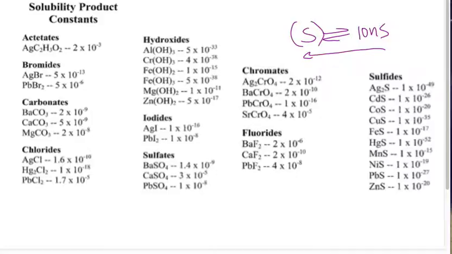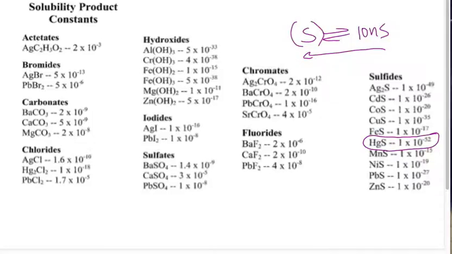Looking at all these, can anyone find the least soluble salt here? Remember, these are all values of KSPs that we're dealing with, moles and liters. Now I'm going to go with this one, 1 times 10 to the negative 52. That's not very many moles in a liter.